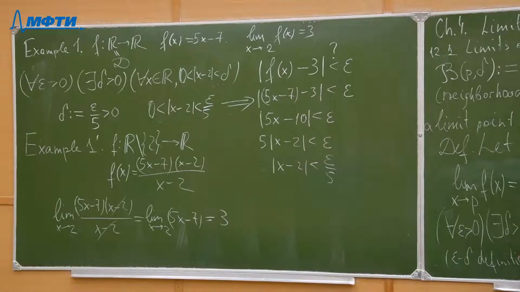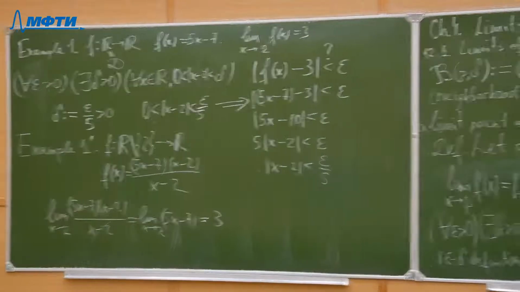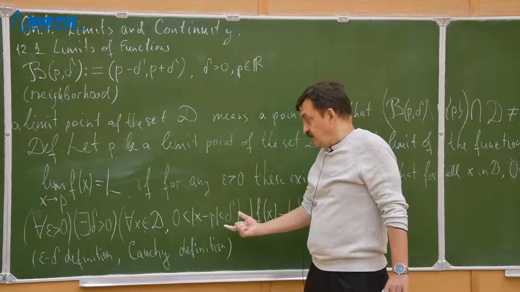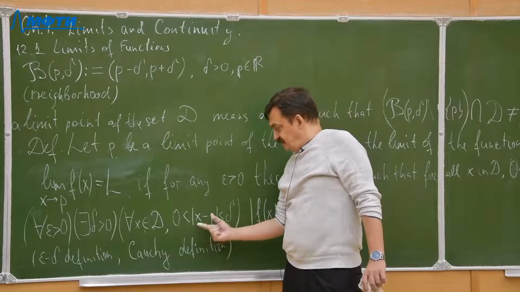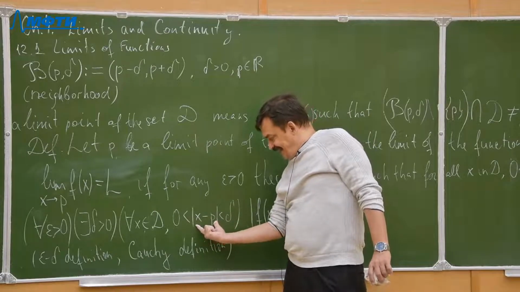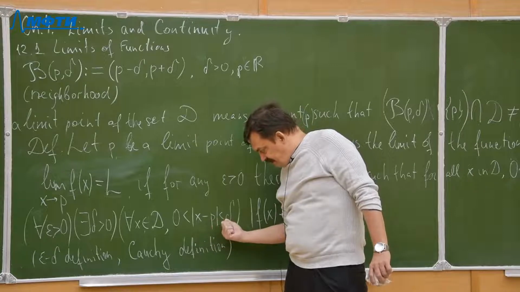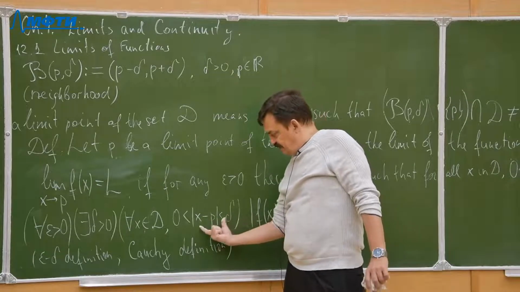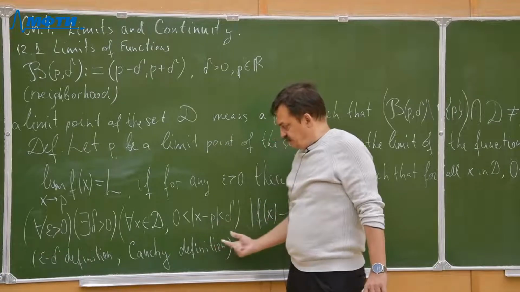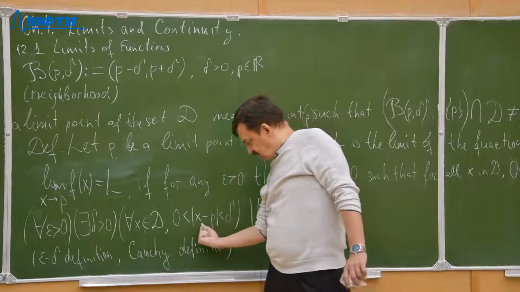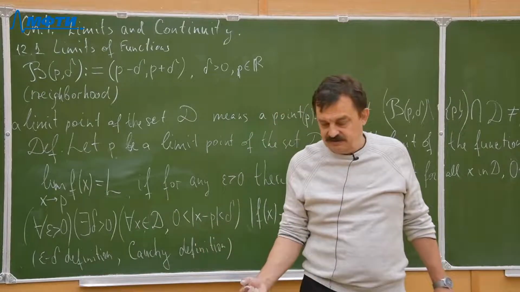So, we exclude the point P itself. We exclude it, but we are interested in the values of x which are as close to P as we want. So they are very close to P. Arbitrary x which is close to P is considered.